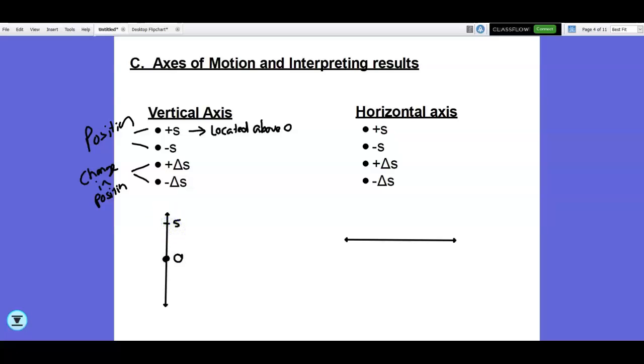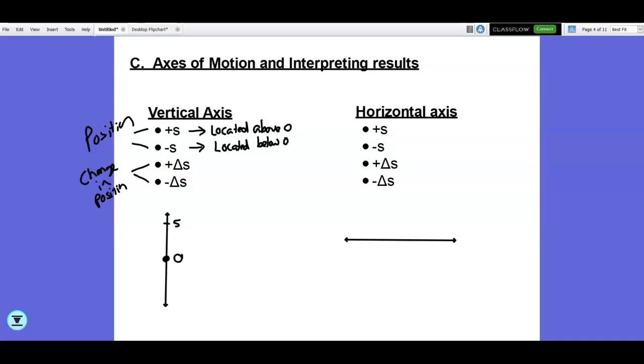Okay? A negative S would mean that you're located below 0. So S represents your position. So if you're on a vertical axis, a positive S means that you're above 0. A negative S means you're below 0.